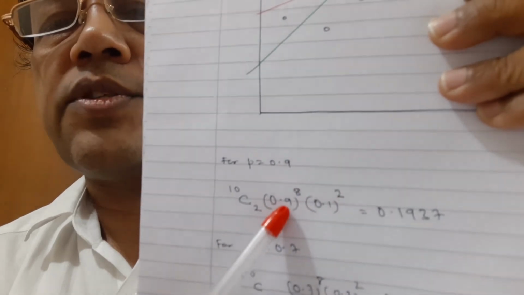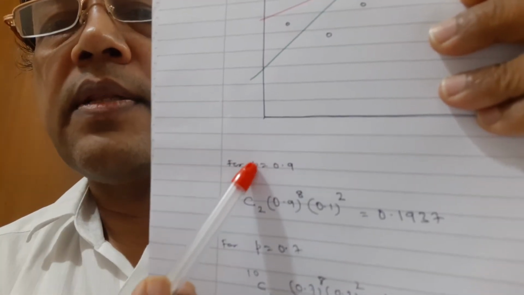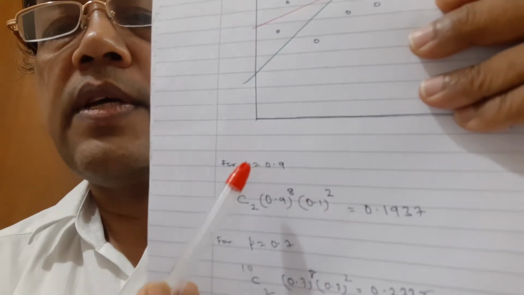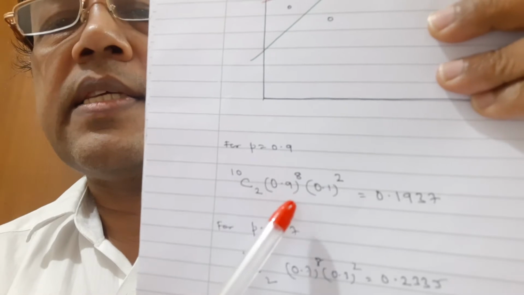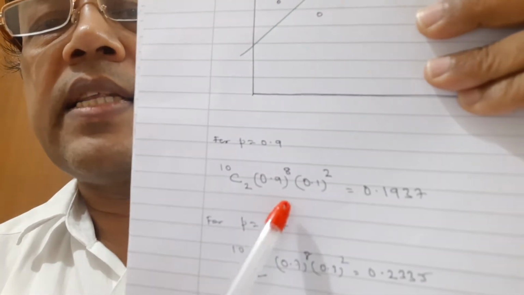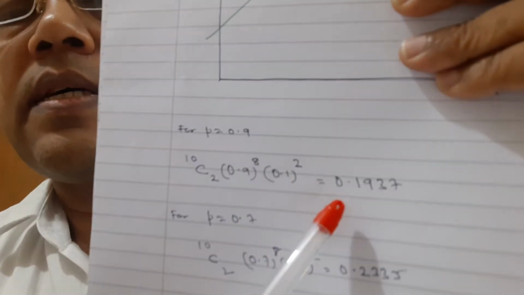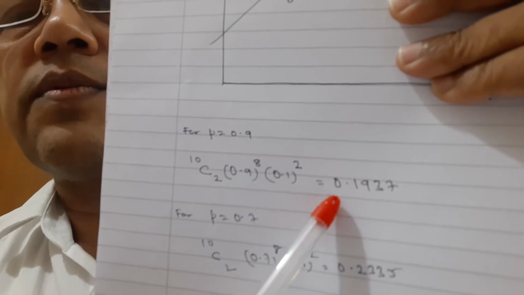So this is the probability of success if it is coming from this population, and this is the probability of failure. Using this formula, the statistician can calculate that there is a likelihood of 0.19 that this sample is coming from a population whose success rate is 90%.